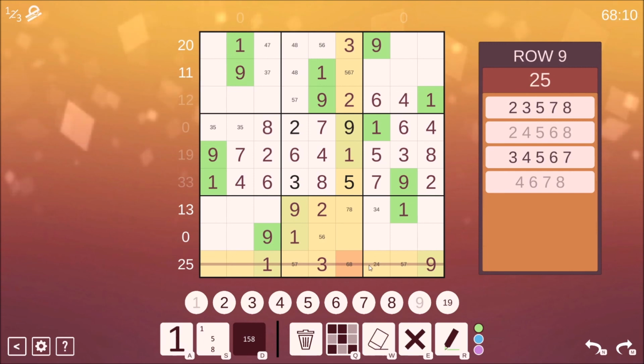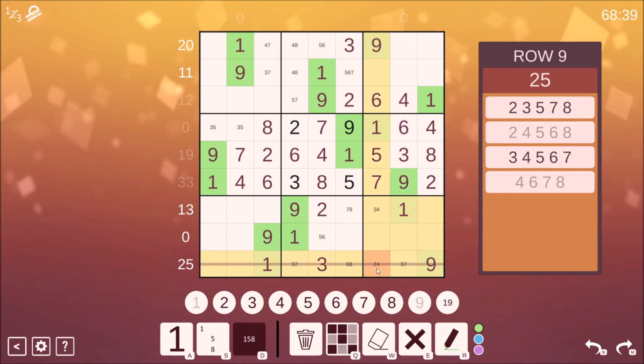So let's see what would happen if we had a 4, 6. So we would have a 4 here, a 6 here, putting a 5 there, which would put a 7 here, and a 5 here. But going back over that, 4, 6, 5, 7, 5, that would put a 4 and a 5 next to each other.